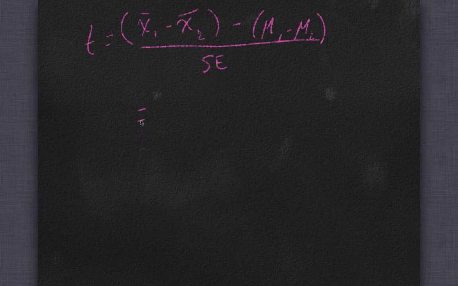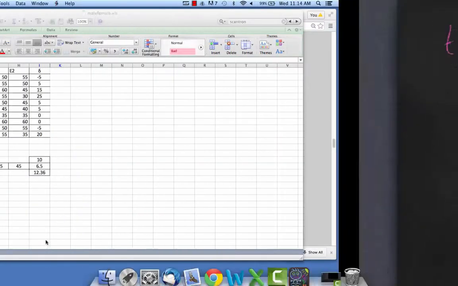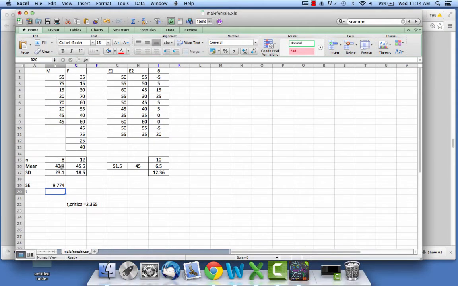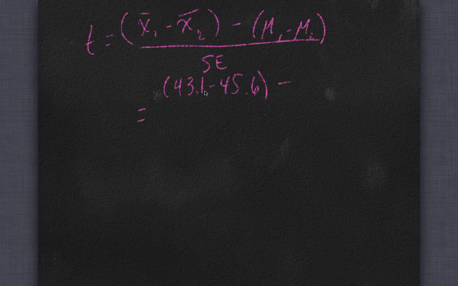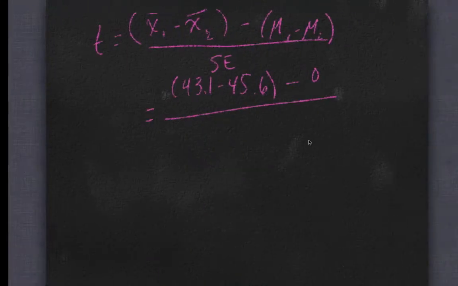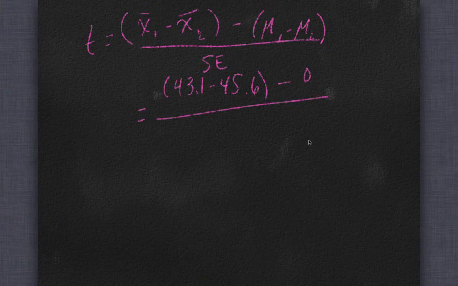So that's going to be, in our case, 43.1 minus 45.6, minus 0, we expect it to not be different, divided by the standard error, which was 9.774.